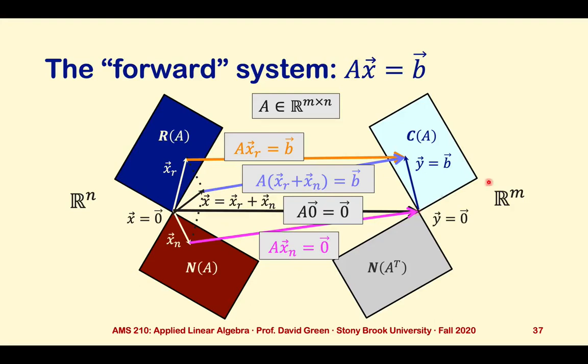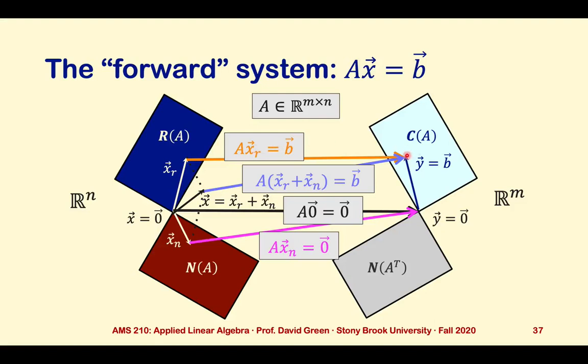The column space is the set of all right-hand sides that have a solution. For each of these right-hand sides in the column space, there's an answer we can associate it with that's in the row space, a unique answer, with A x_r = b.